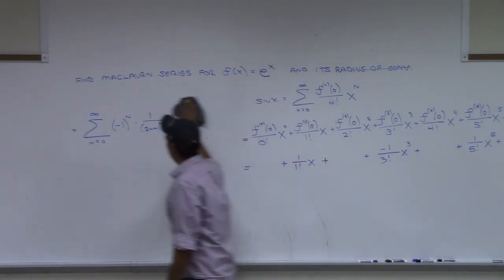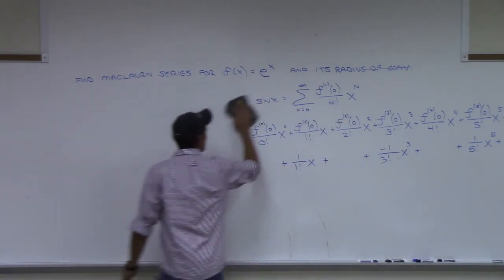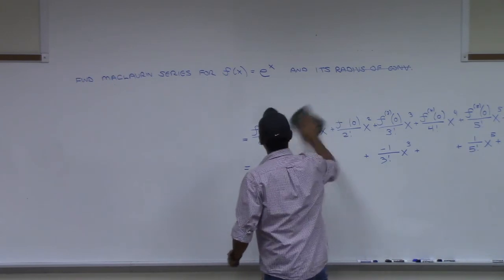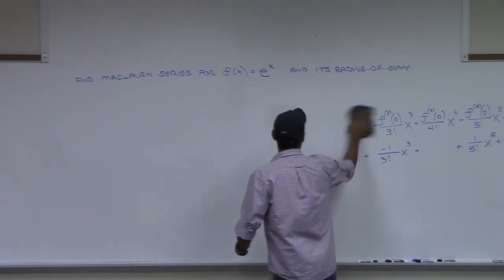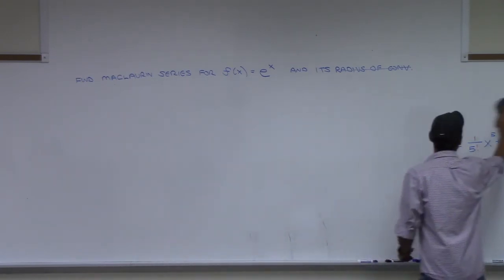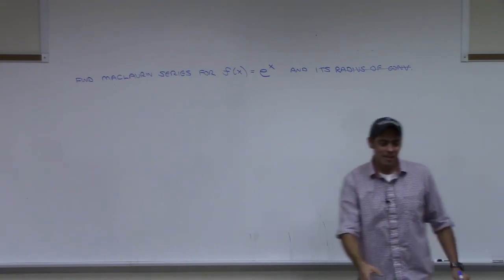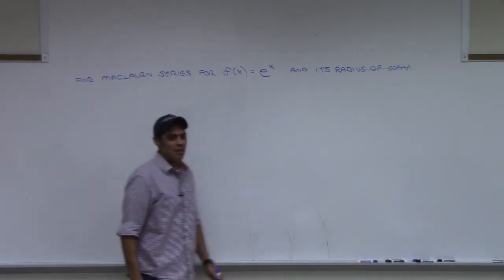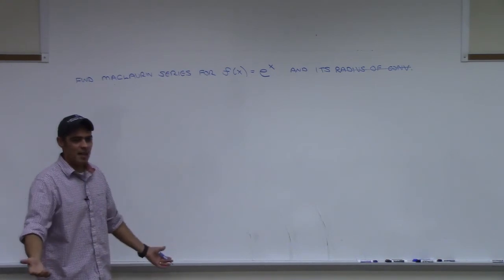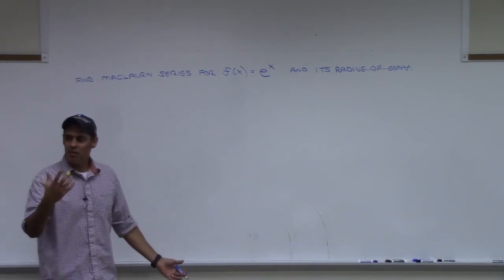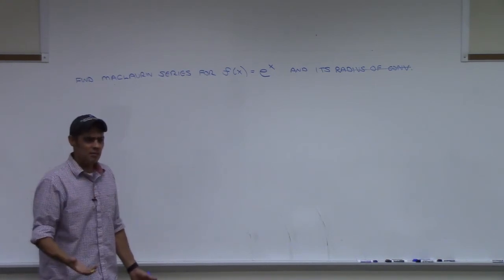Okay, let's go e to the x. This is going to be so clean and easy because the derivatives are all the same. So wait a minute, hold on. Do I really even need a table?